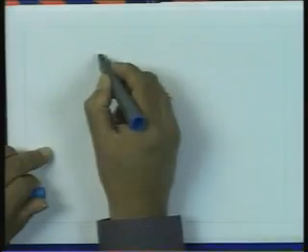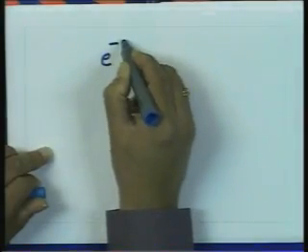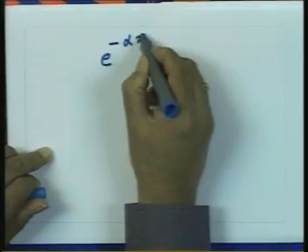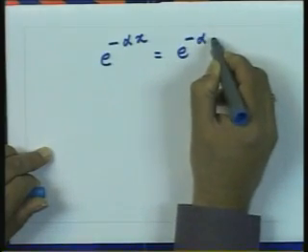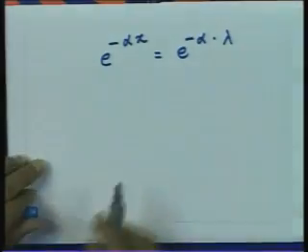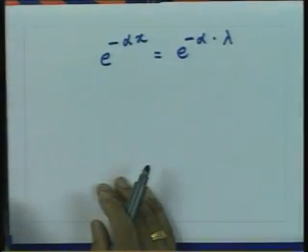So, if I consider a wave which travels a distance of one wavelength on the transmission line, then its amplitude will vary as e to the power minus alpha x, that is equal to e to the power minus alpha lambda.